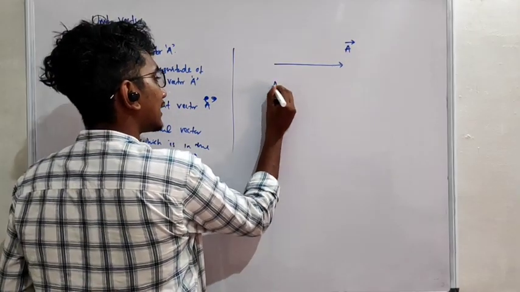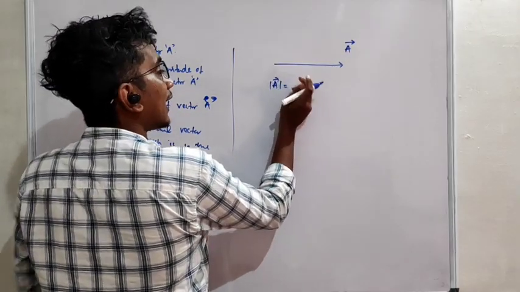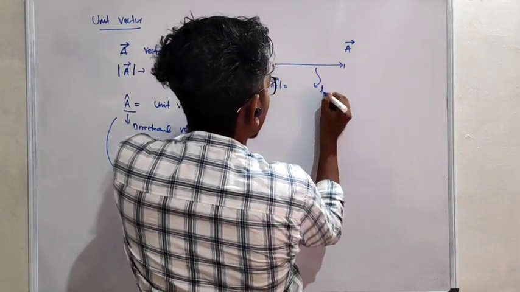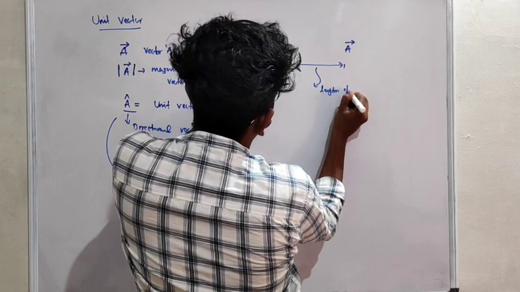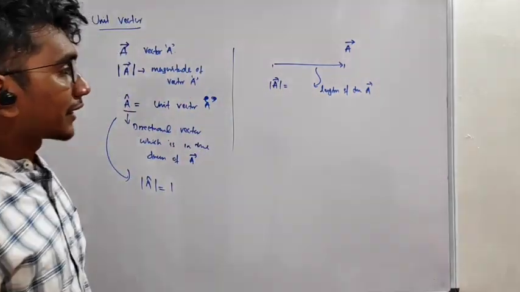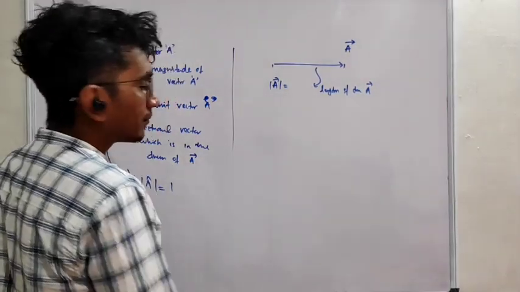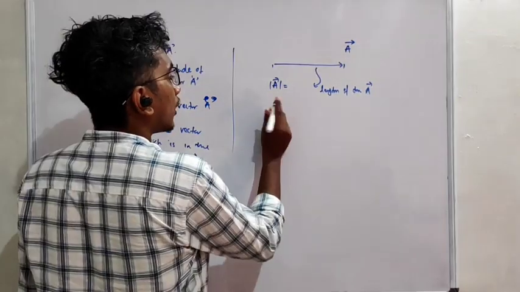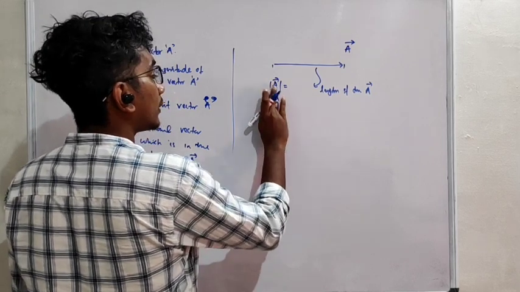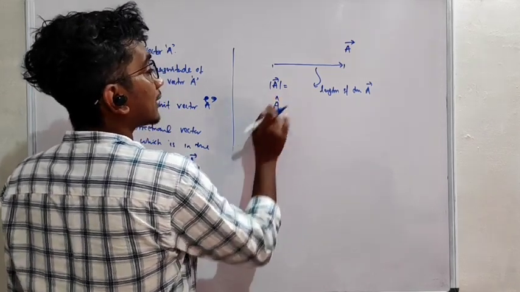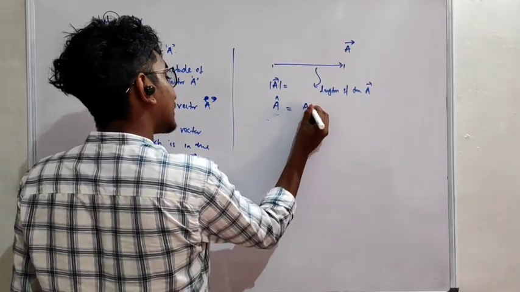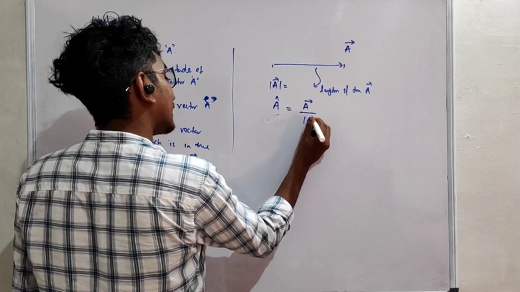From this, I can say that the magnitude of vector A is actually the length of that vector A. Second one: what about the unit vector A? Unit vector A is this vector A divided by its magnitude.